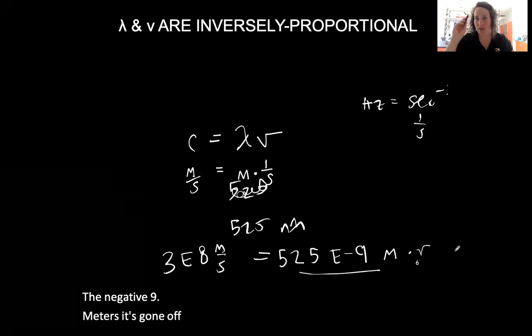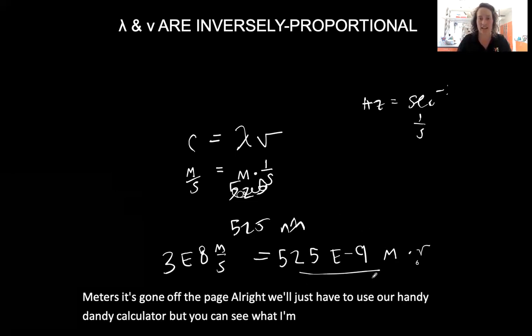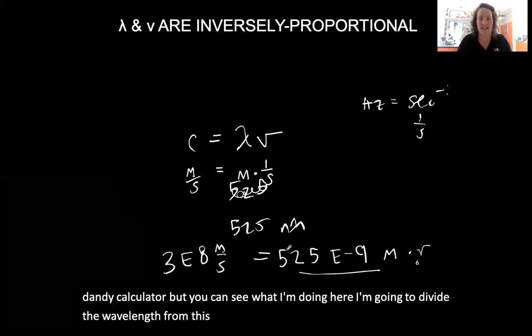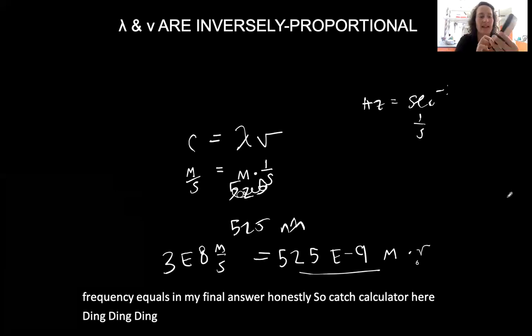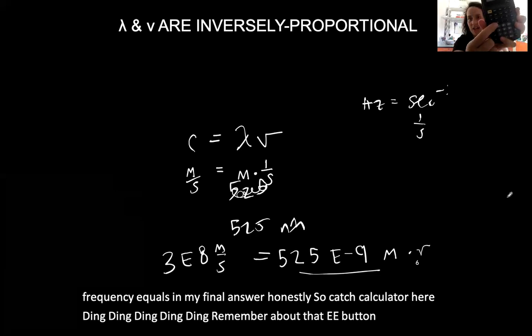We'll just have to use our handy dandy calculator, but you can see what I'm doing here. I'm going to divide the wavelength from this side and this side, and that'll leave me with frequency equals my final answer. So, got your calculator here. Remember about that EE button, it's like your best friend.